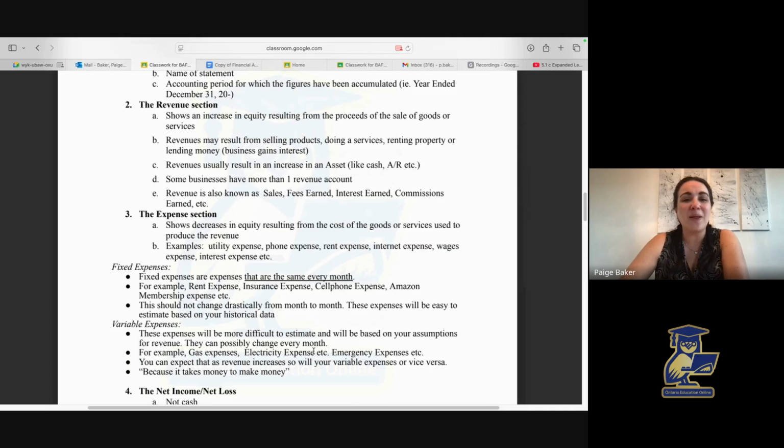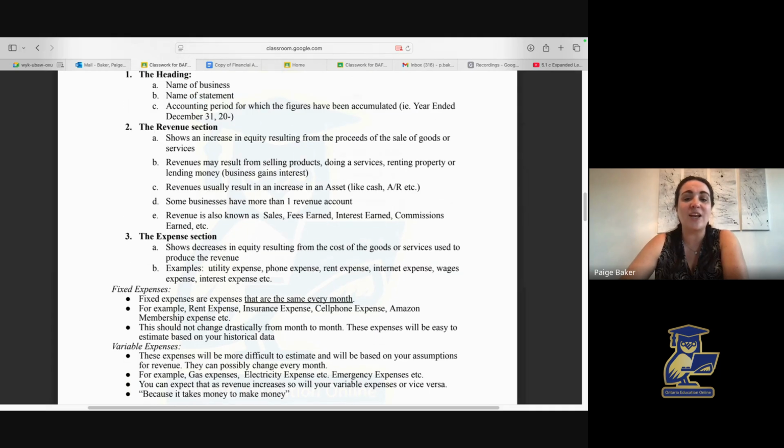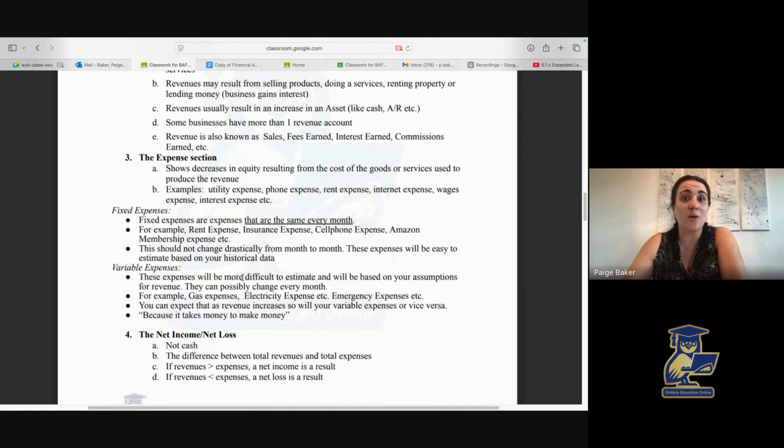So together, when we look at the revenue section and the expense section, we're able to see, okay, is our business at an income or a loss, a net income or a net loss? This is not cash. This is the difference between the total revenues and the total expenses listed on the income statement.